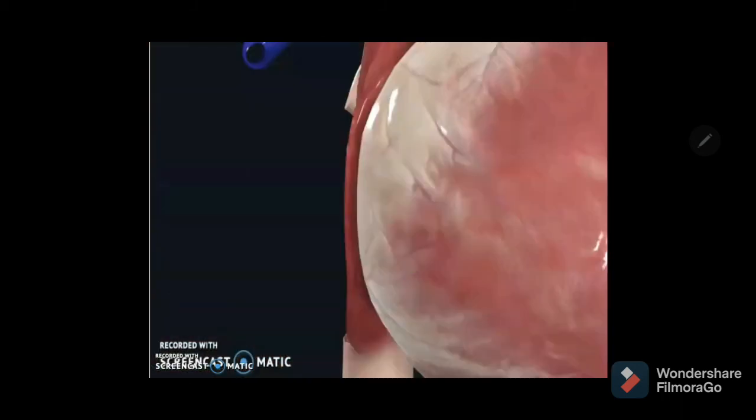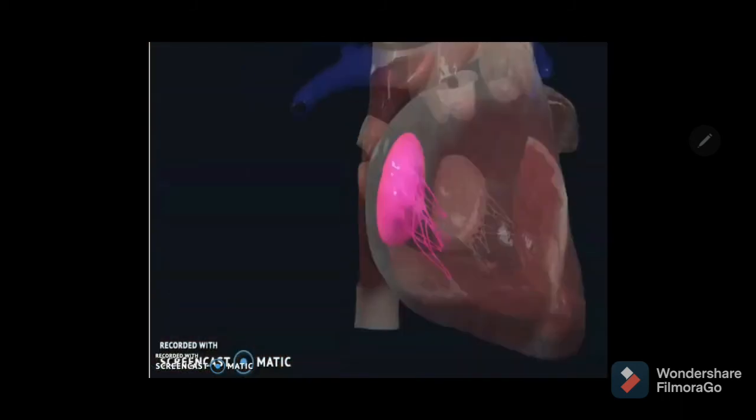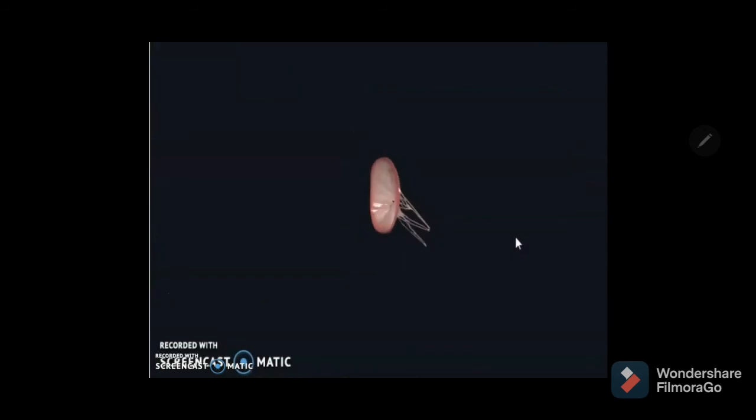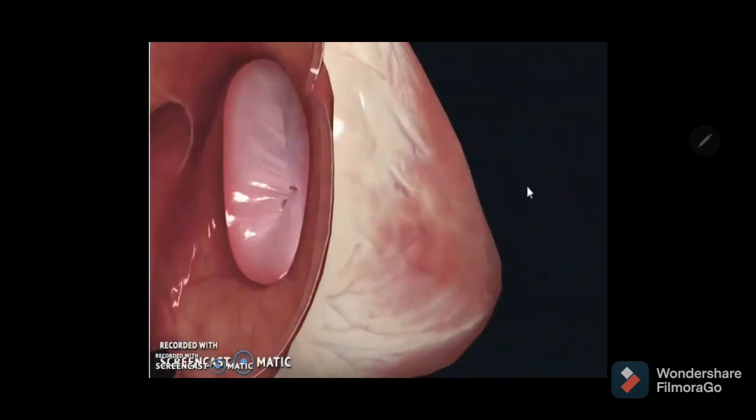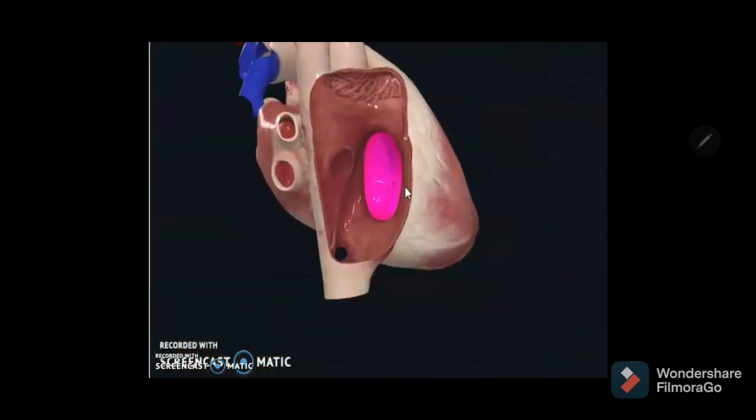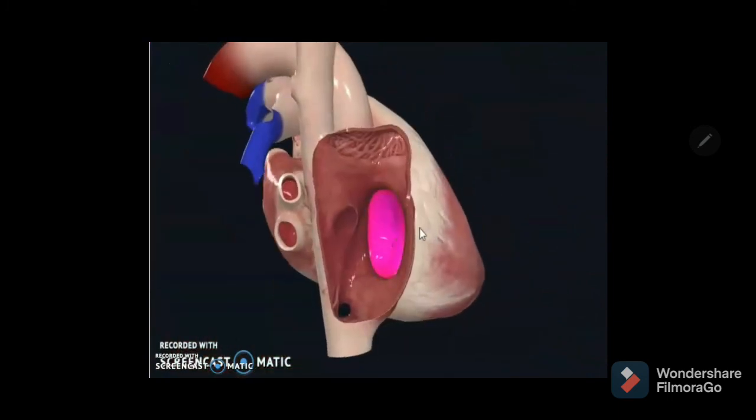It opens into the right ventricle. So it is attached on the inside of the right ventricle by the chordae tendineae, nothing but collagenous threads lined by endothelium, that we'll discuss in detail in the interior of the right ventricle.